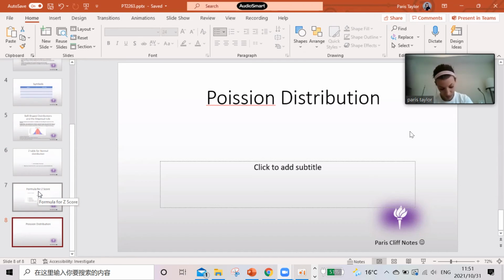So if you have more than, I would say, 50 or even 100 observations, you're tossing more than 100 coins, for example, and the probability is very low. Like when you toss a coin, if the probability of getting a head is like 0.005, then it's subject to a Poisson distribution.